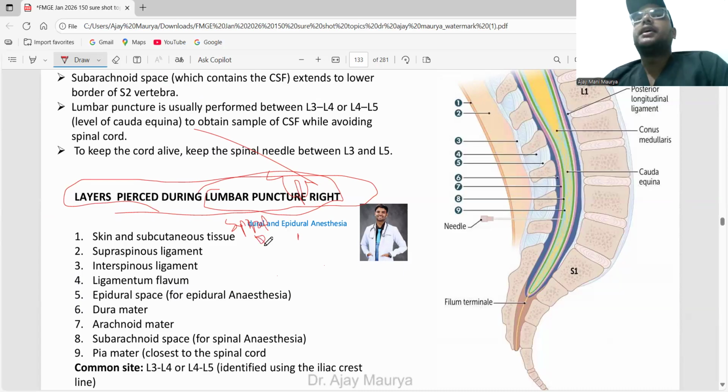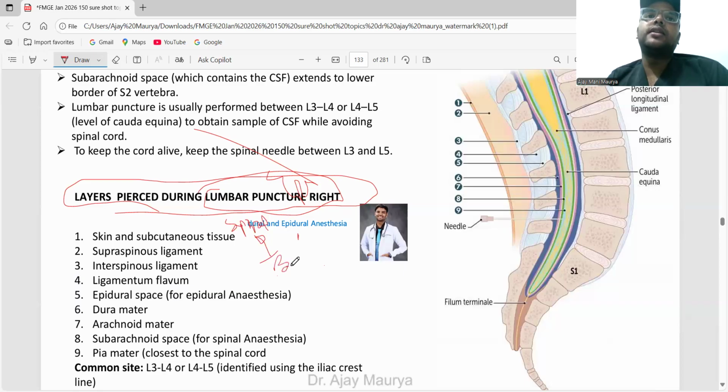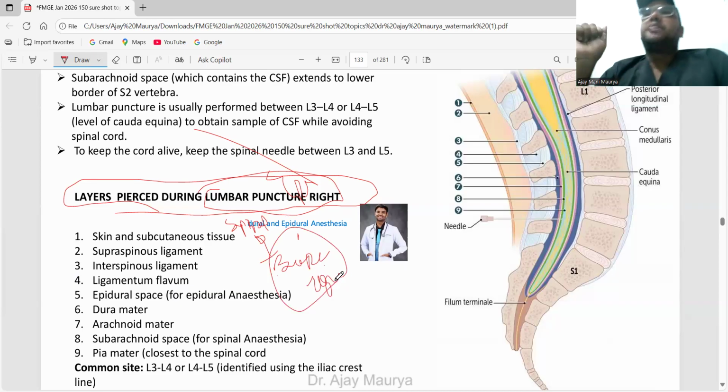If you give spinal anesthesia, they are going to give the injection at the level of L3, L4. That is local anesthesia; bupivacaine and lignocaine are the most important ones they use for spinal anesthesia.